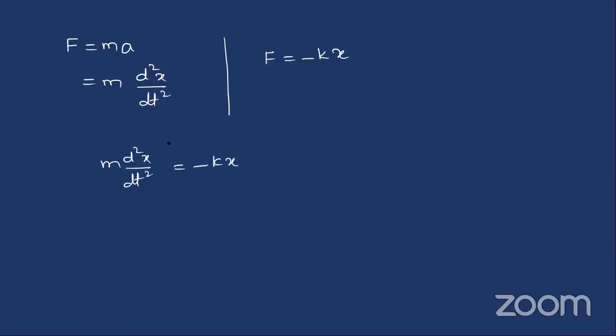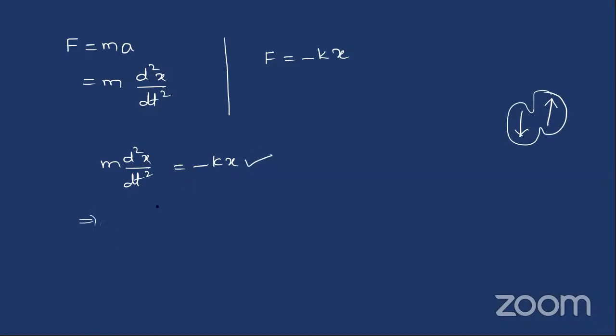The net force must be zero. Whenever there is a force pulling it downwards, there must be an equivalent force pulling it up. That's how the system reaches its equilibrium position.